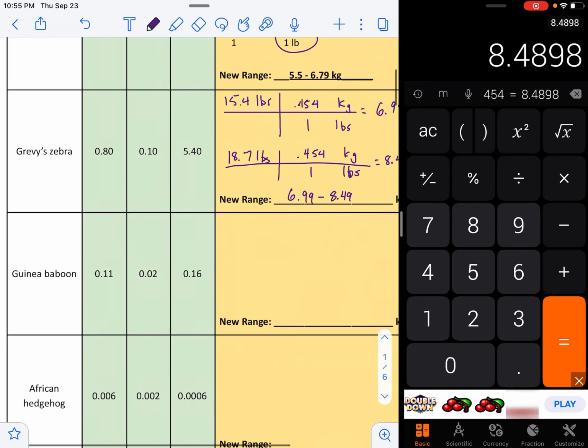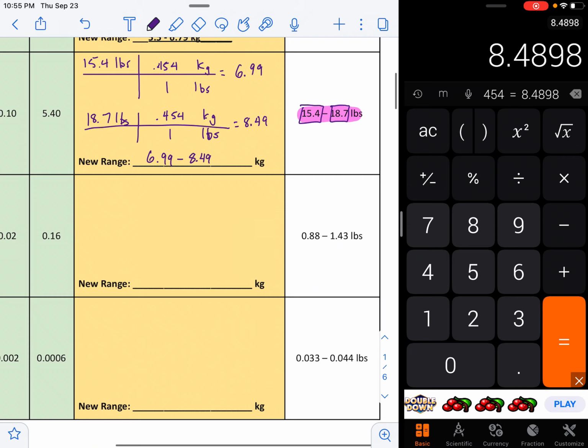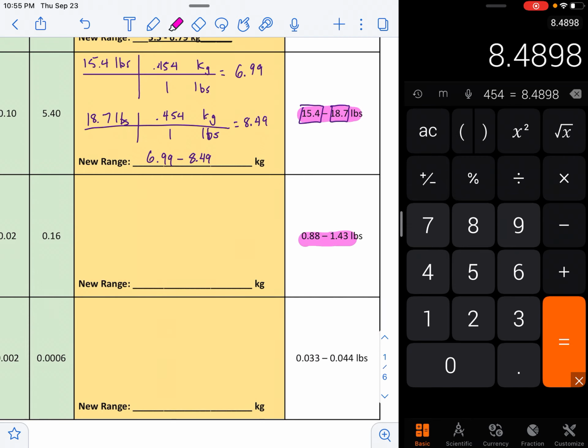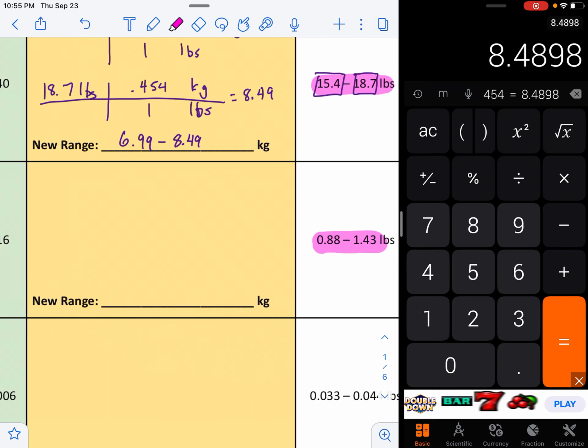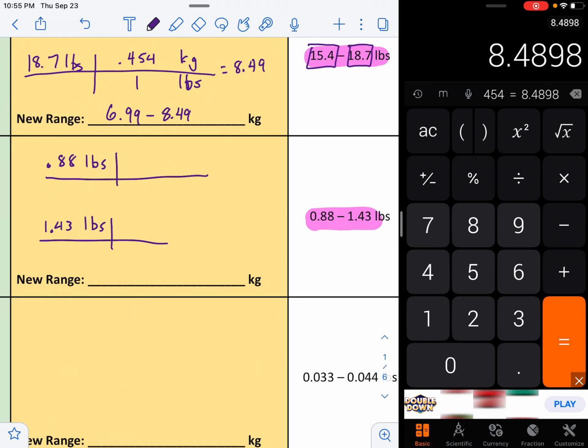Then we would do the same for the African hedgehog and the Guinea baboon. We have our ranges provided right here. So for the baboon, we have 0.88 pounds and 1.43 pounds. Again, you're going to see it's very patterned here.